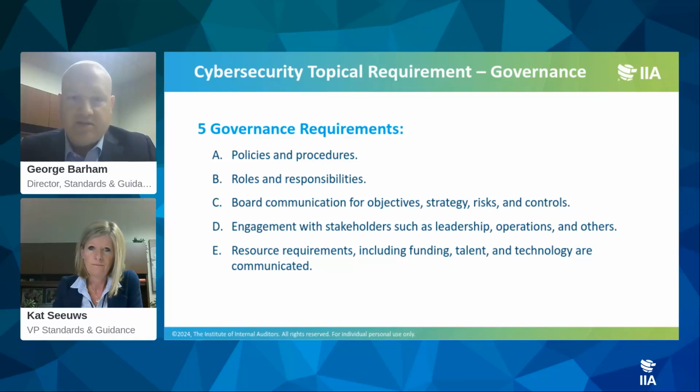So that item C there, board communication, looking at strategy and risks, making sure that our strategic initiatives are being supported by cybersecurity or helping mitigate risk related to those. Pretty straightforward. We're just making sure that organizations are involved and we have an active governing body.